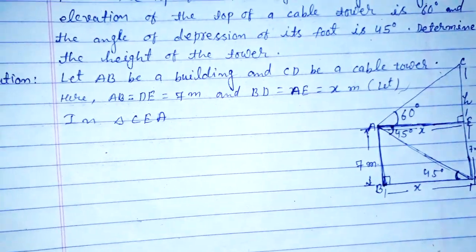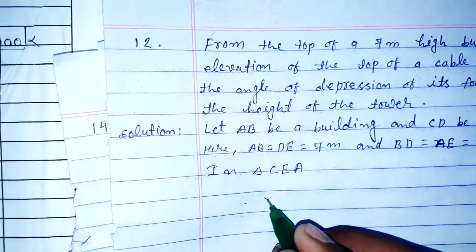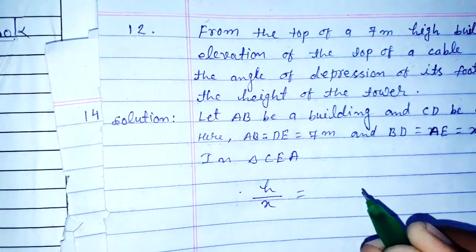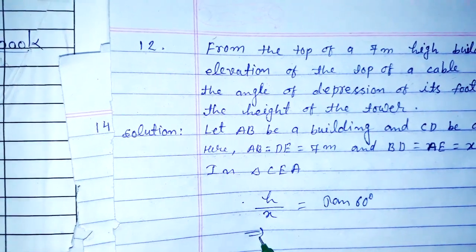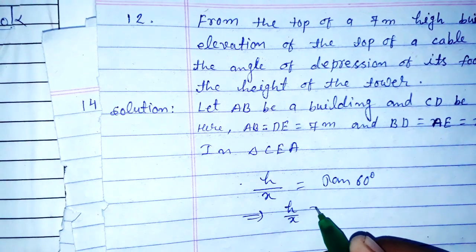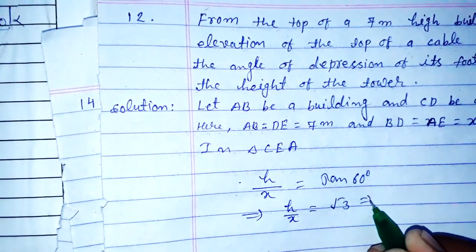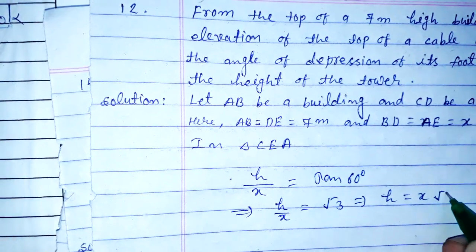Take here, so h upon x is equal to tan 60 degrees, so tan 60 degrees is root 3. So here h upon x is equal to root 3. That implies that h is equal to x root 3.